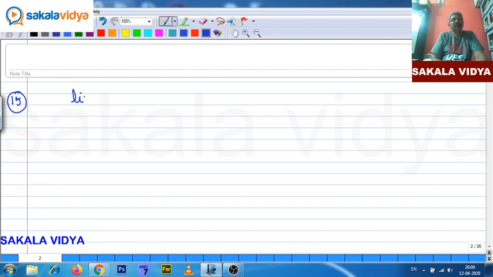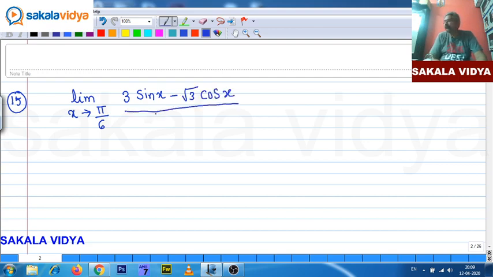Limit x tends to pi by 6 of (3 sin x minus root 3 cos x) upon (6x minus pi) equals to.